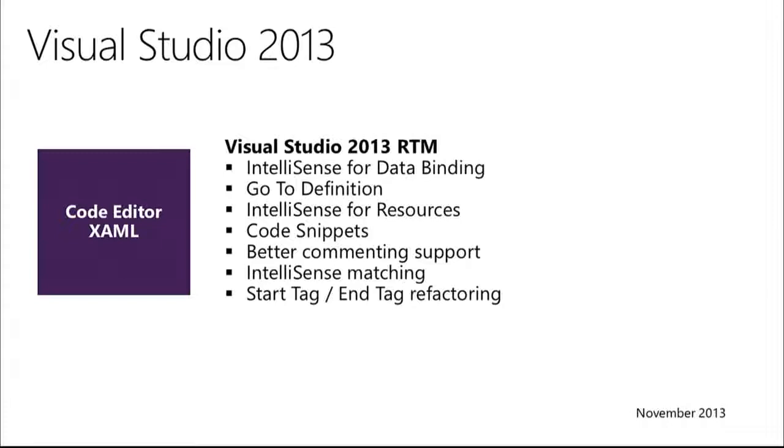Now, the good thing about that release is that this capability is applicable to all XAML developers. So when you install 2013 out of the box without even any updates, you'll get enhanced XAML tooling for all platforms, WPF, Windows Store, even Silverlight plugin, or Windows Phone development. So that's great, and we'll demo a few of those capabilities later on.